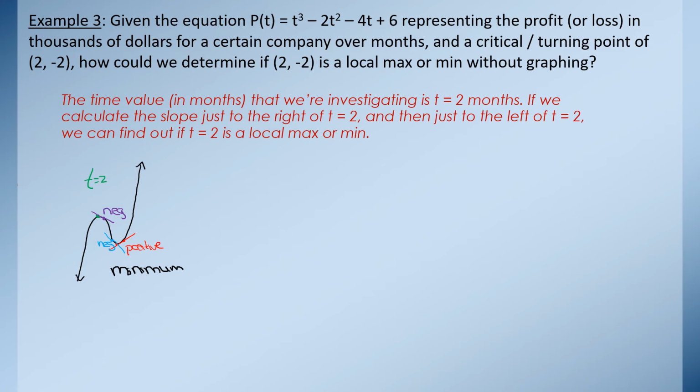I only care about the sign here. Then I go to the other side of it, just to the left, let's say 1.9, I calculate the slope between 1.9 and 2, and I get a positive. That would tell me that my turning point is a maximum.